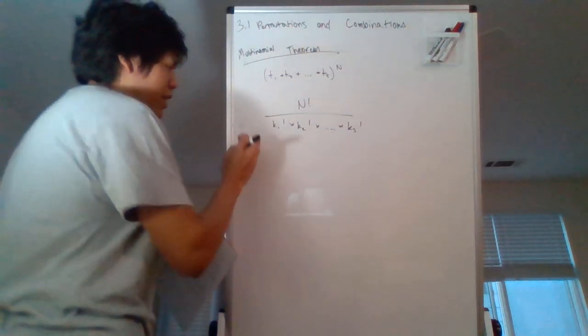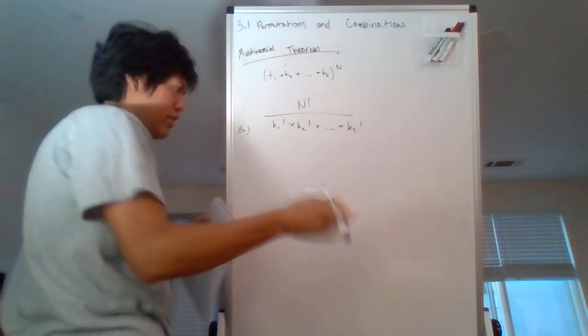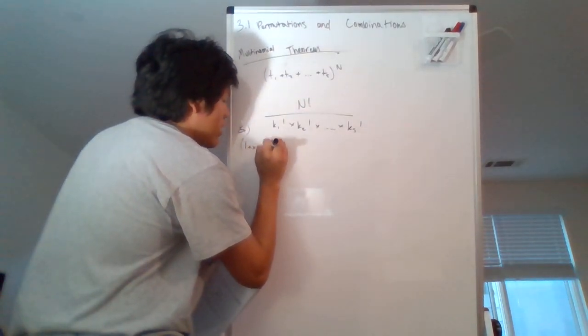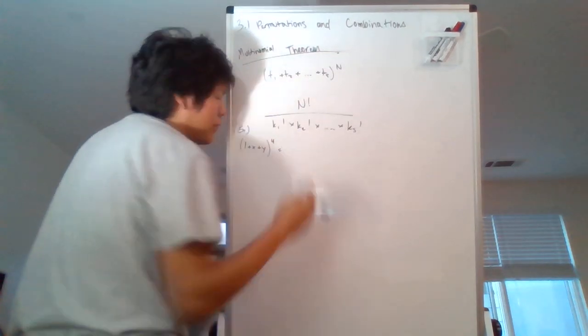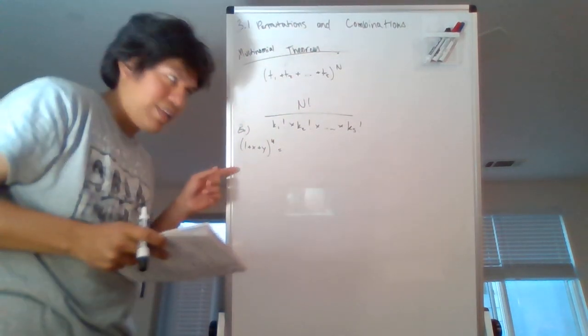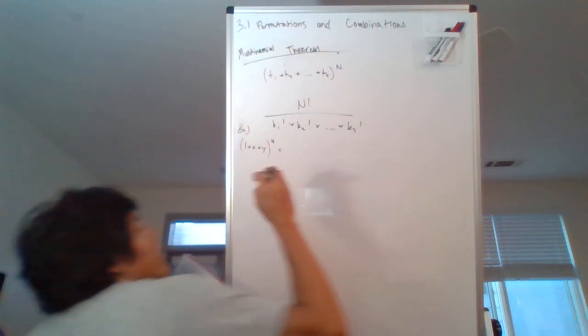Okay, now I'm going to use this in an example. Suppose we have this equation: 1 plus x plus y, all raised to the fourth. What does this look like in the expanded form? We multiply all of these terms out. It's really long.